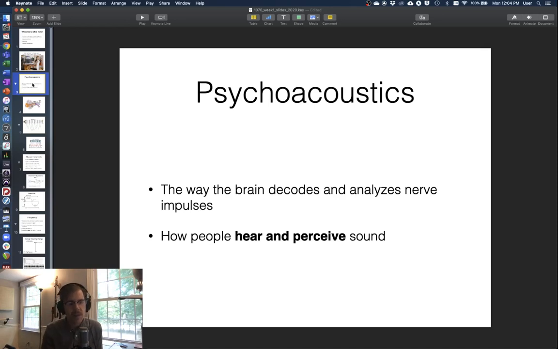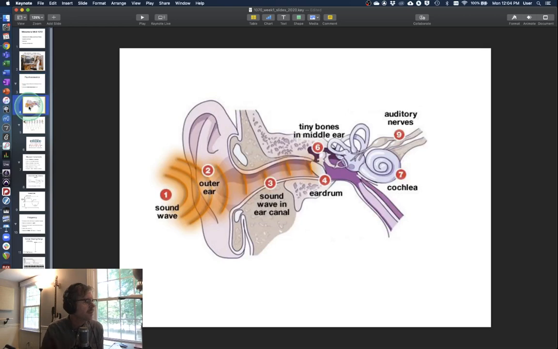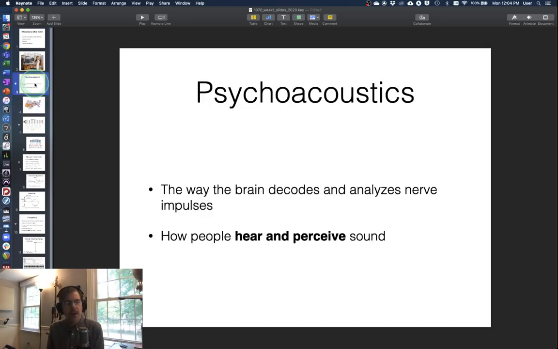When our ears detect those changes in air pressure, they turn them into neurological impulses in our brain. That is done through all these little pieces of the inner ear. When it reaches our brain, it becomes a sound. We perceive certain things as sounds.